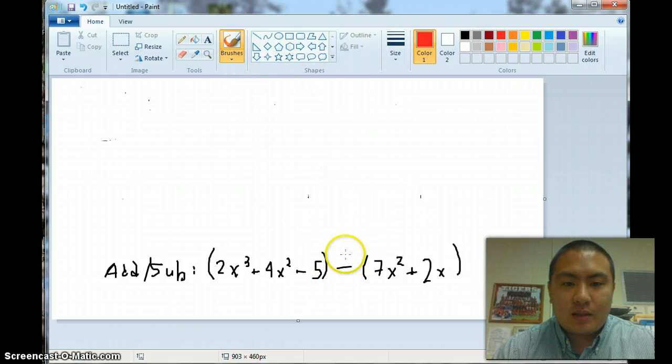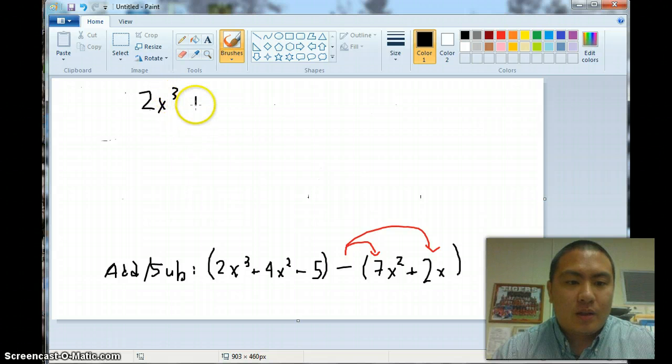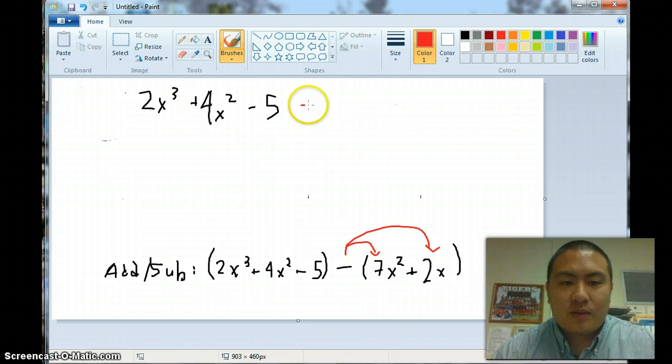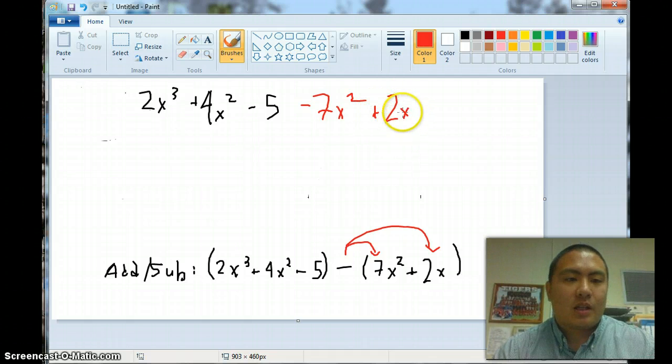So if we take this negative and distribute into this binomial, we're going to end up with, let me do it in black for the left, 2x to the third power plus 4x squared minus 5, and these were distributed with the negative, so minus 7x squared plus 2x.